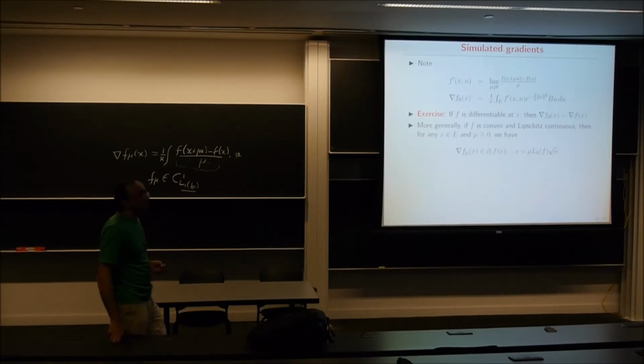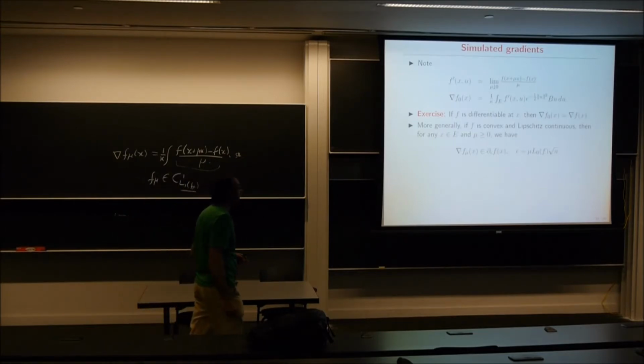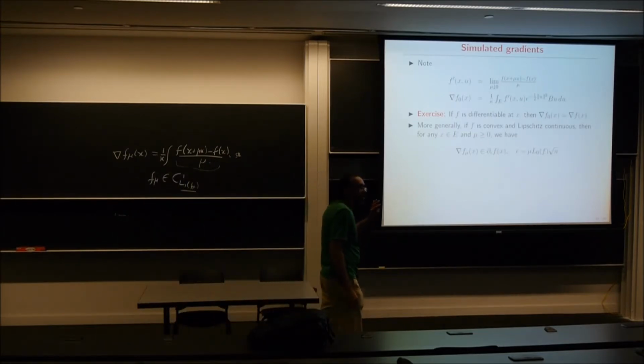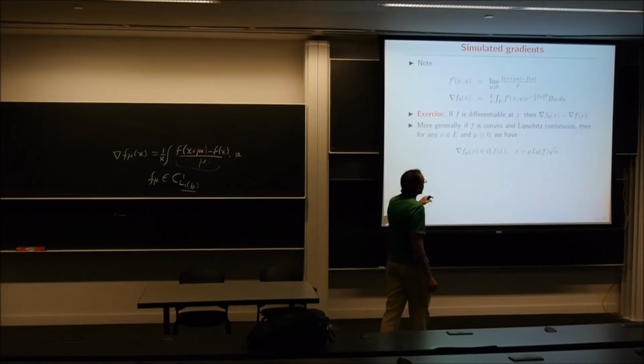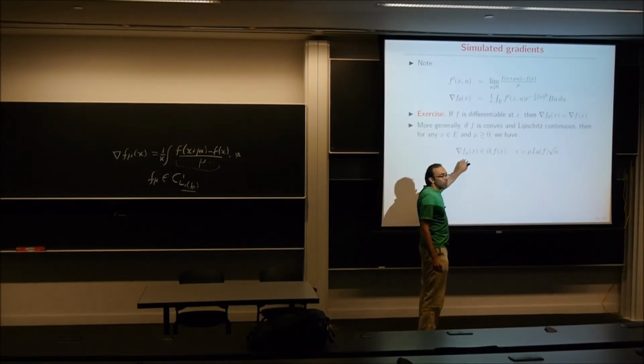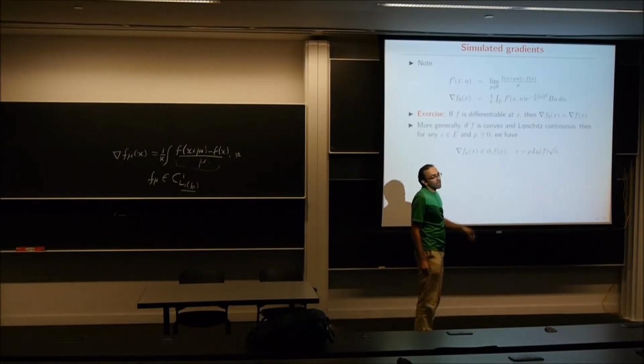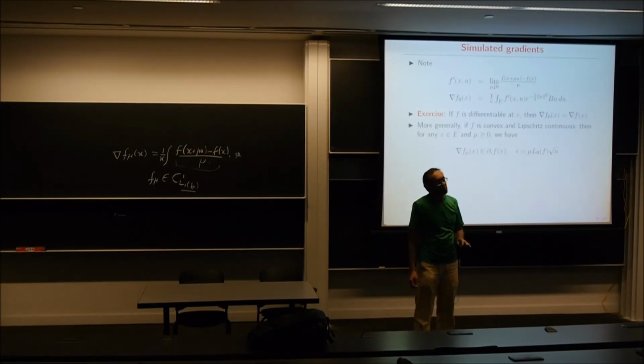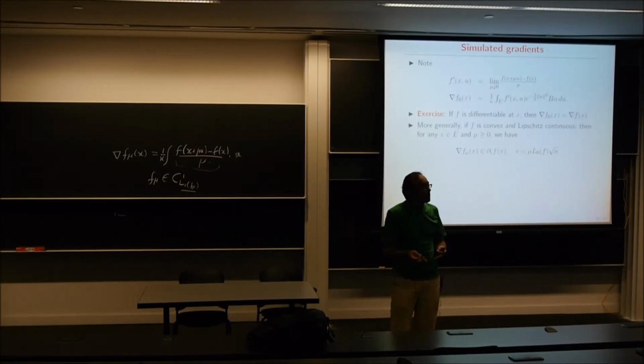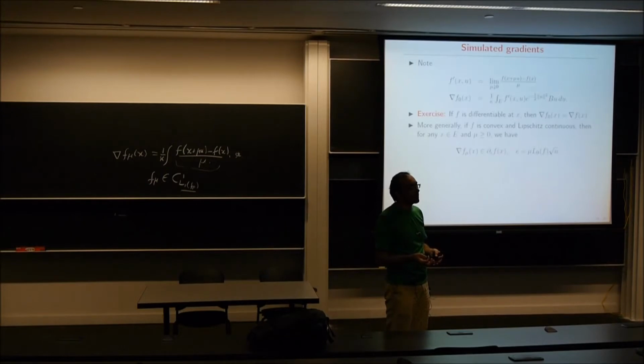So an interesting fact that happens: we showed that it's Lipschitz continuous, and in fact one can flip that around and show that the gradient of the smoothed or perturbed guy is essentially a perturbed subgradient of the non-smooth function. So you can use it in place of an honest subgradient, a subgradient with error epsilon.